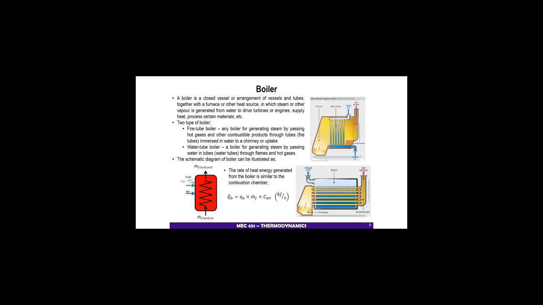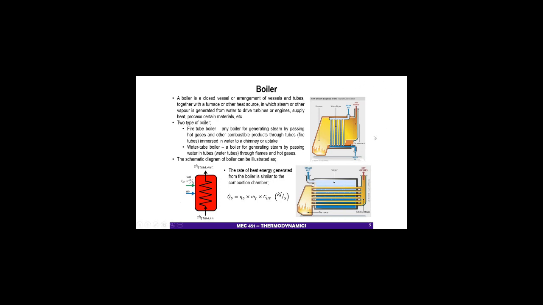A fire tube boiler is any boiler for generating steam by passing hot gas and other combustible product through a tube, so we call it a fire tube. Whereas a water tube boiler is a boiler for generating steam by passing water in a tube, so we call it a water tube, through a flame and hot gases.